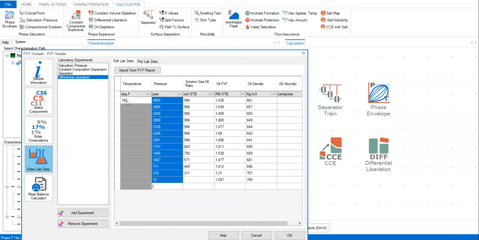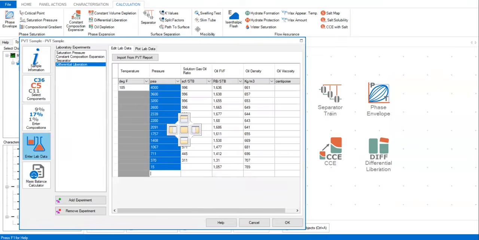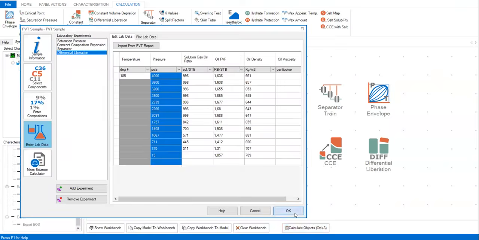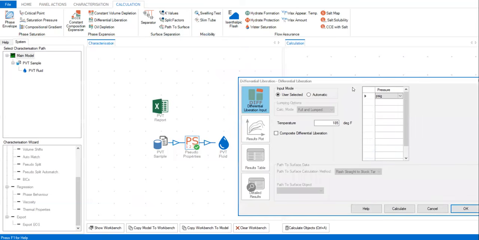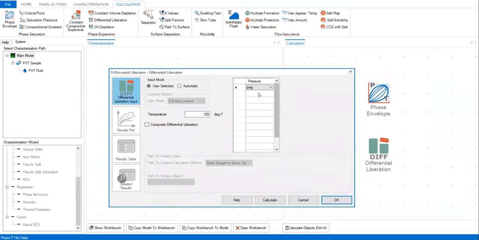Remember this 185, right? And then go to difflib and just paste it here. Okay, so 4,000, 3,600, 3,200, 2,800, and so on and so forth. Now just press calculate.